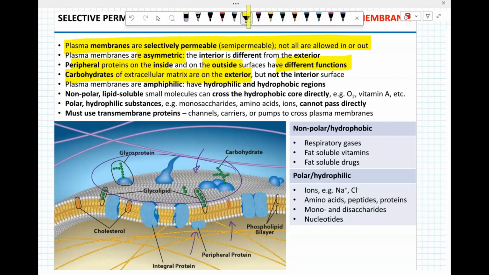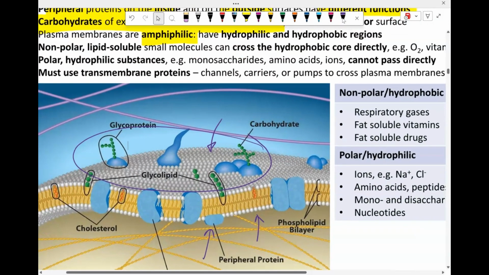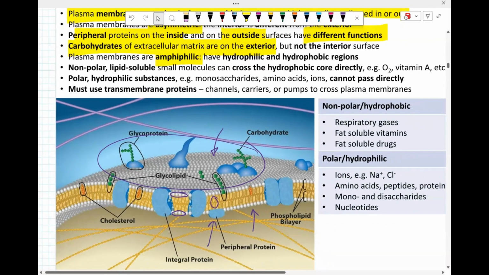One of the key properties of plasma membrane is that it is amphiphilic. Amphi means both, philic means love. What it means is that plasma membrane has hydrophilic, these, and hydrophobic, these regions.